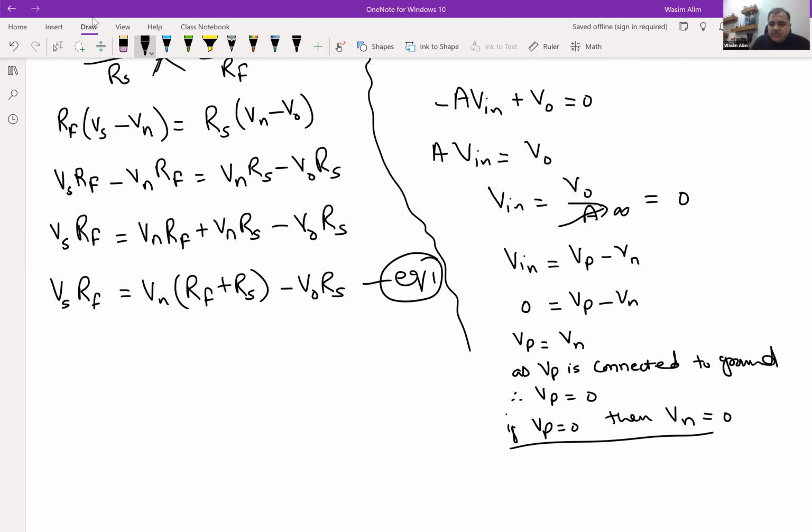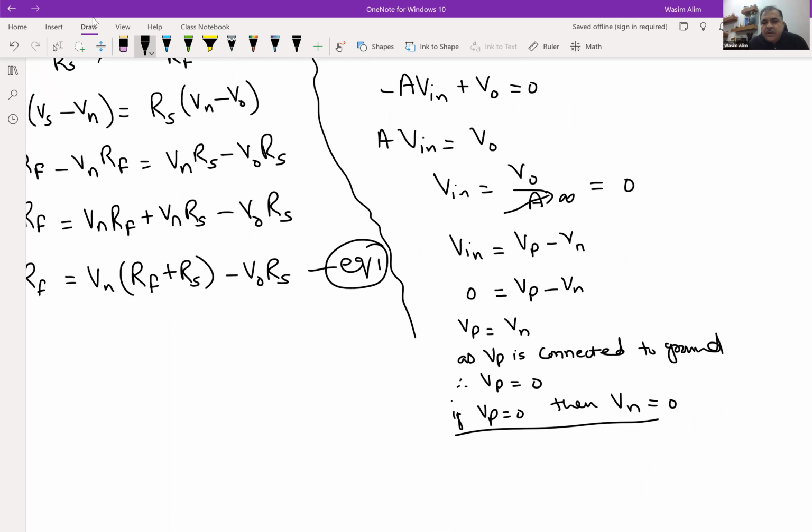There are two things you can observe from there. The key point here is that your V in is equal to 0, but as a side note, Vd is equal to Vp minus Vn, therefore Vp minus Vn is equal to 0 since V input is 0. So the two are equal, and since Vp is connected to ground, Vp is 0, and hence Vn is also 0.